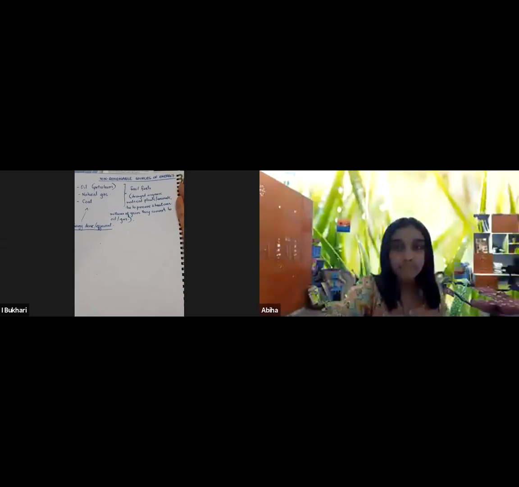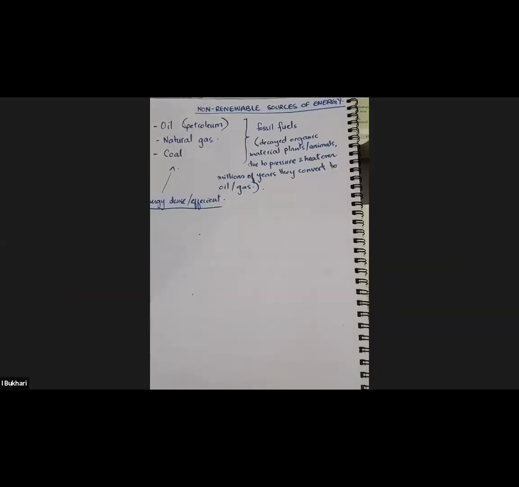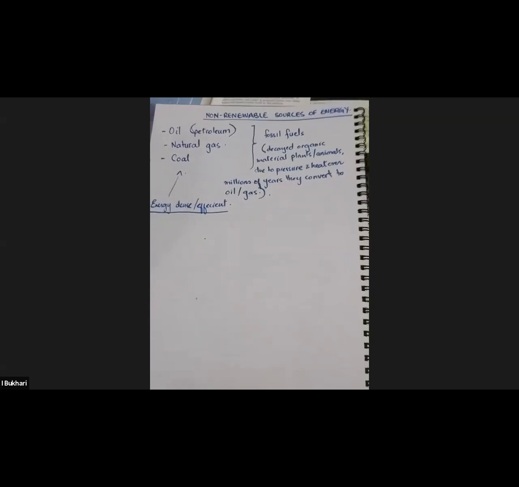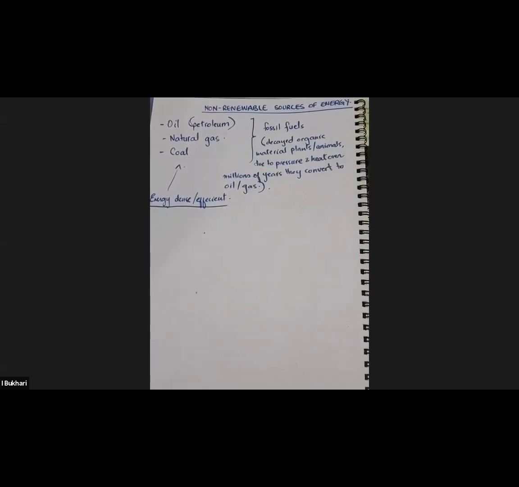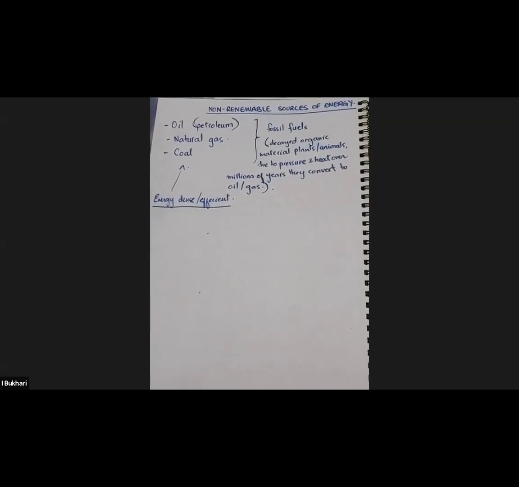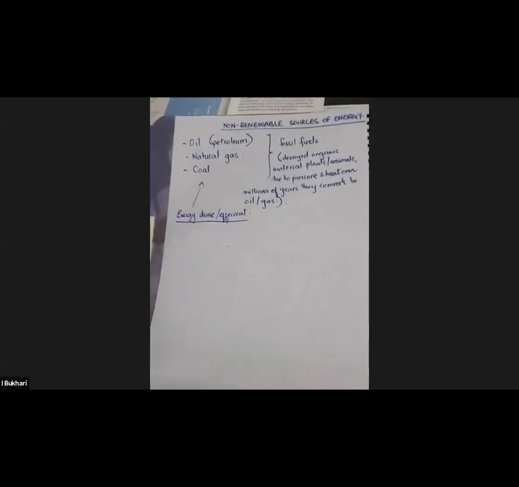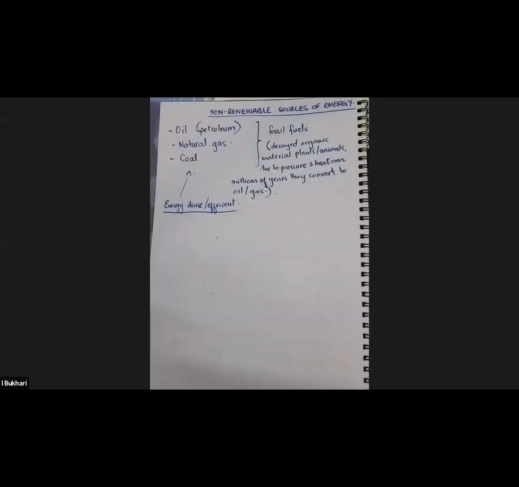We don't have an endless supply of this. And your book mentions that the rate at which US and Europe are using these non-renewable sources of energy, if that continues, we will run out of all fossil fuels within the next 4 years. That's what your book says.